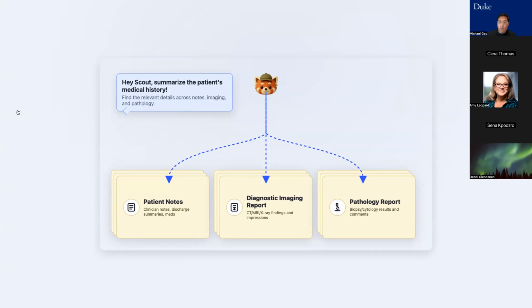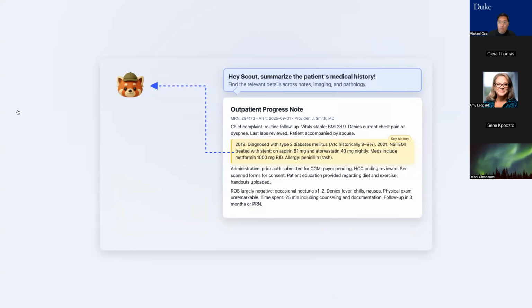For example, can you look over all the patient's notes and their diagnostic imaging reports and their pathology reports, and then structure it in some way that I prefer. What Scout does is look through the entirety of a patient's medical record, identify relevant information from each of these unstructured data elements, pull out the relevant ones, and then use that to answer your question.